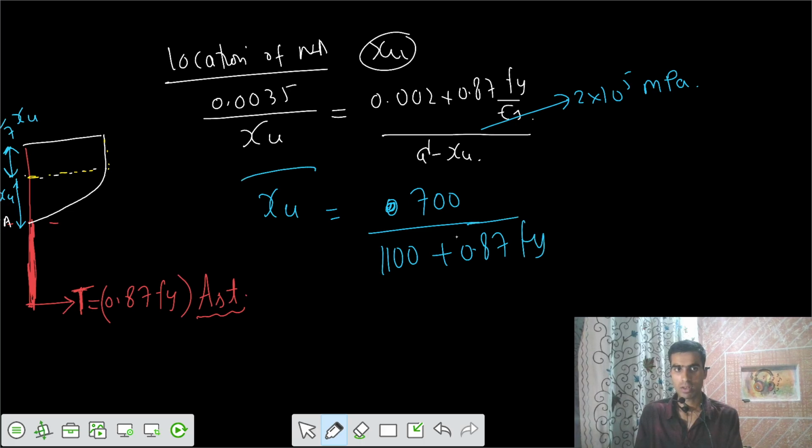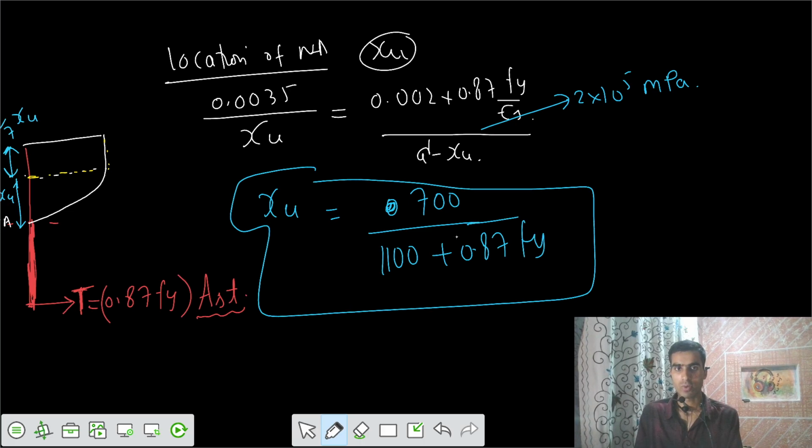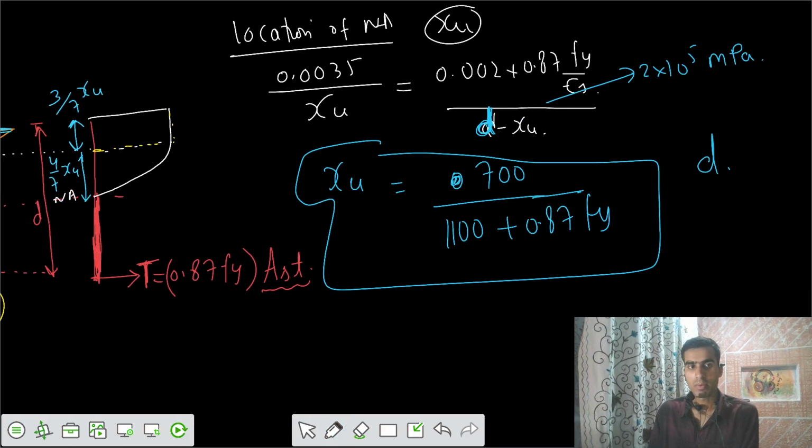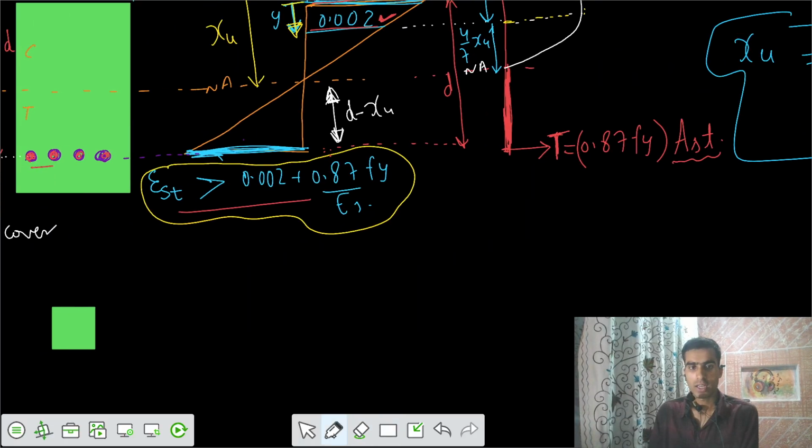So this is our general equation for the value of xu, and we have to multiply that with the depth d. This equation corresponds to the minimum value of the strain in the steel. We want that minimum strain in the steel to be up to this much value.